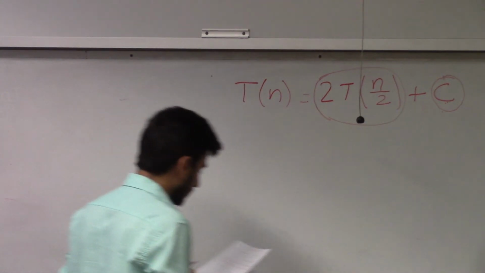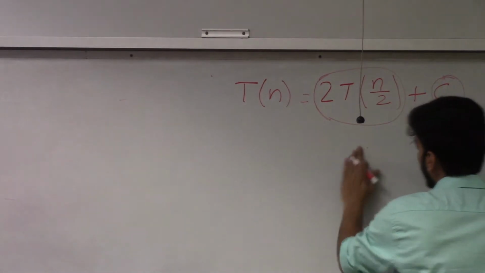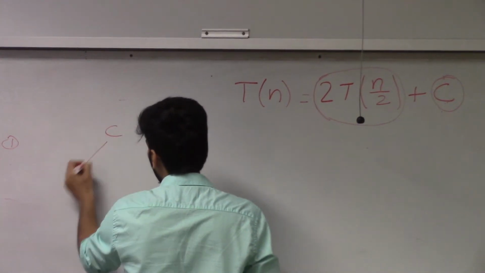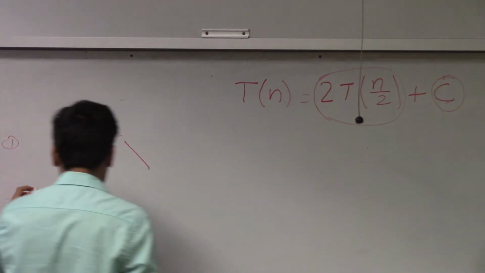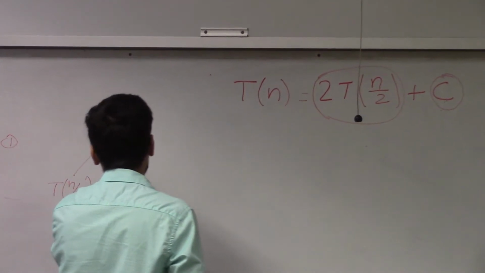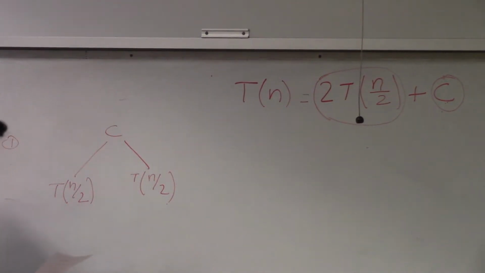So C is breaking into 2 instances, T of n by 2 and T of n by 2.